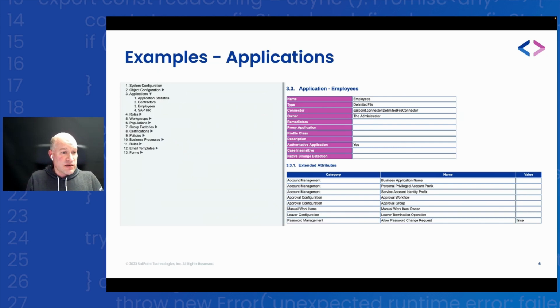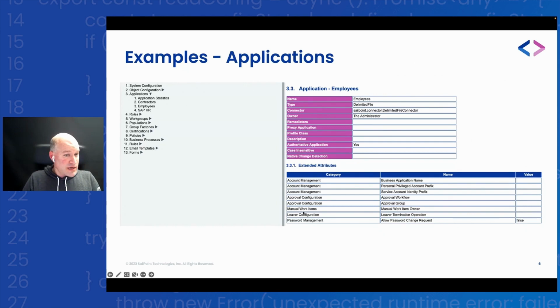This is the menu on the left side, and on the right side, we have the actual documentation. So here we see for the employees application, an example from the training environment, that this is a delimited file application. It uses the delimited file connector, and it's owned by the administrator.